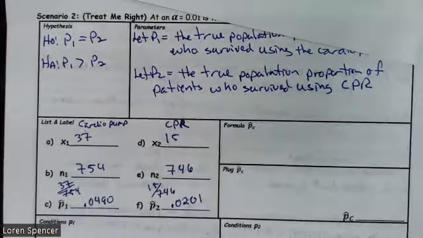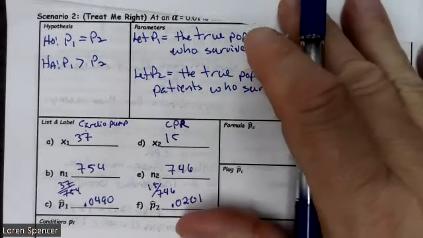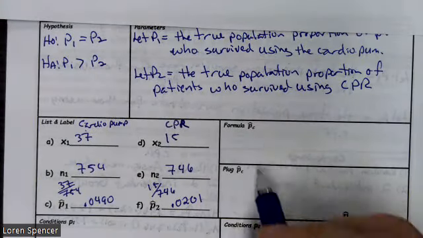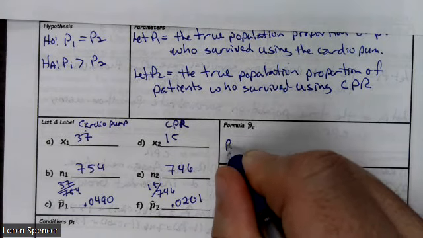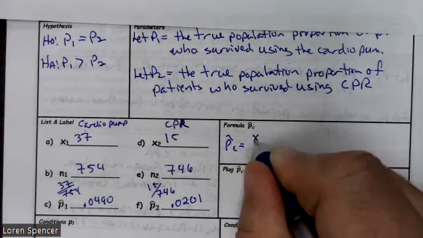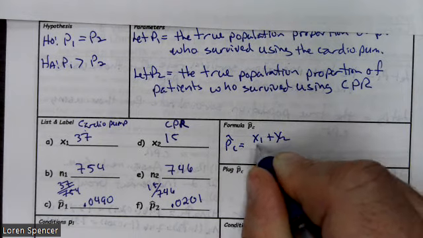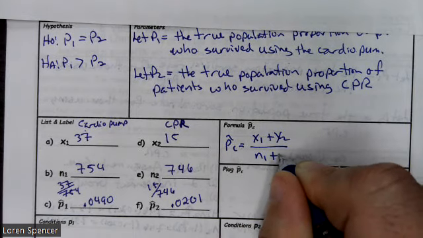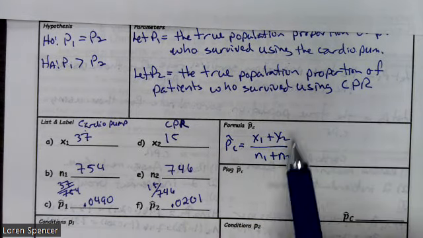All right, P hat C formula. Be careful. Make sure you're using the P hat C formula and not something else. The P hat C formula is X1 plus X2 over N1 plus N2.